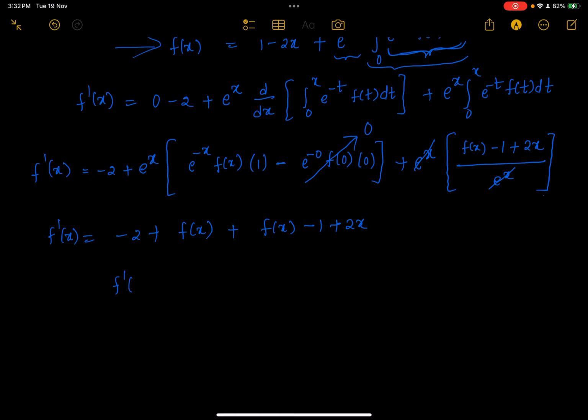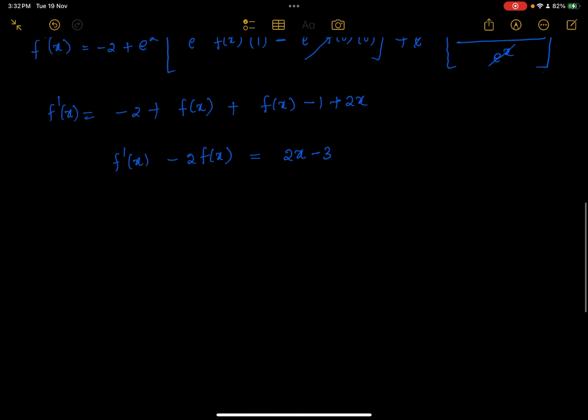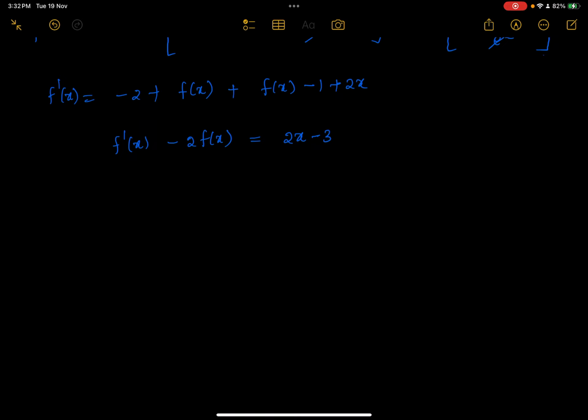So f dash of x minus 2f of x is equal to 2x minus 3. So we have a differential equation here. To solve the differential equation, let us find the integrating factor. The integrating factor is e to the power integral of minus 2, that is the coefficient of f of x, dx.